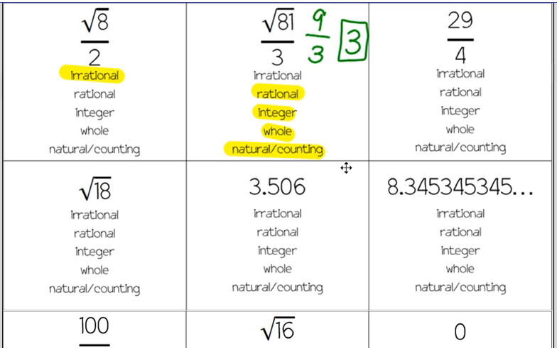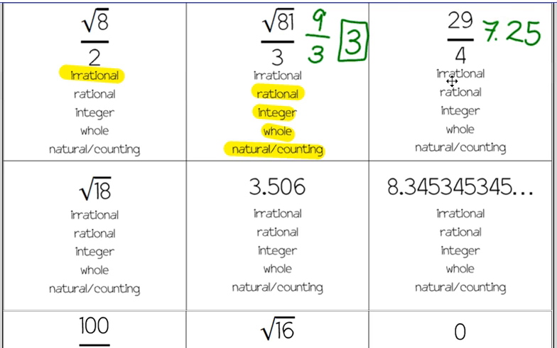The next one is 29 divided by 4. If we were to divide 29 by 4, we would get 7 and 25 hundredths. Then we would be able to categorize this a little bit better.